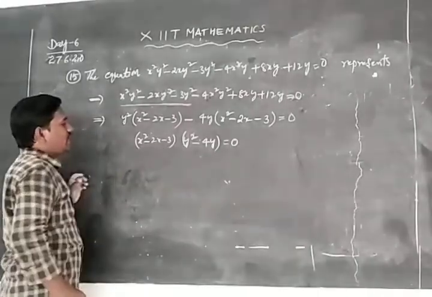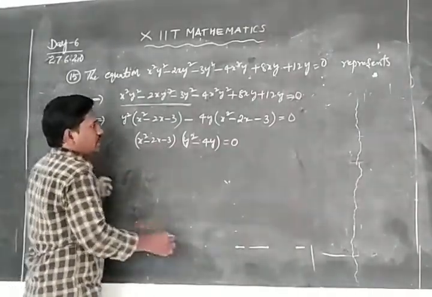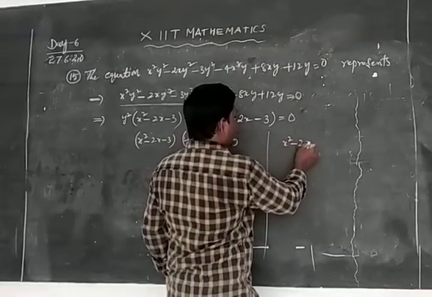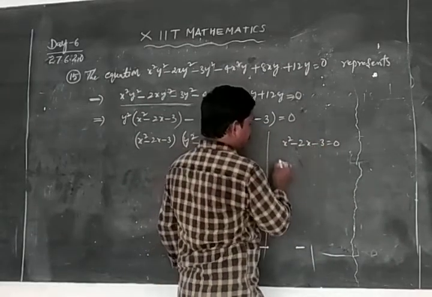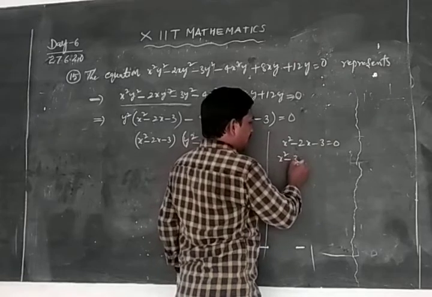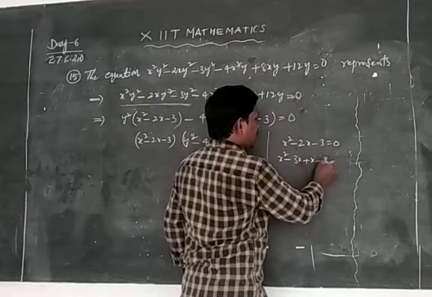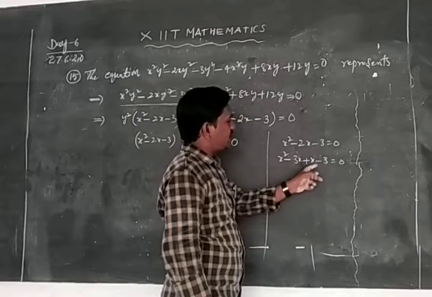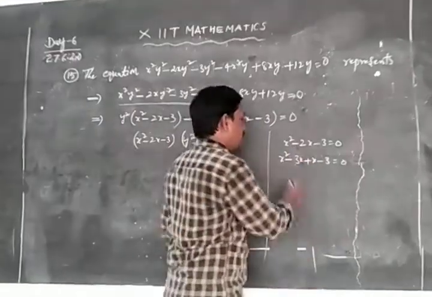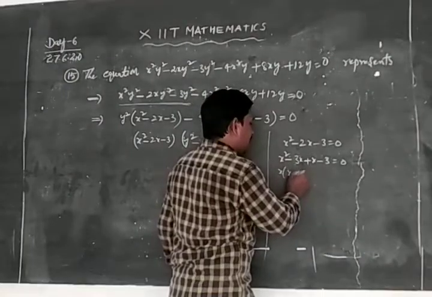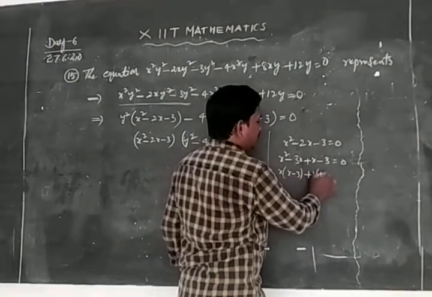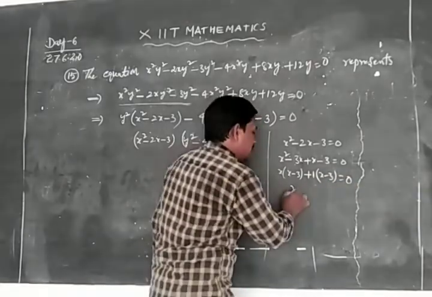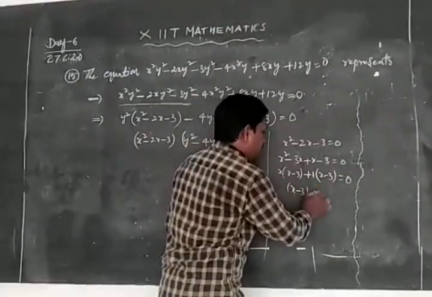Now it is a quadratic equation. Change the quadratic equation x square minus 2x minus 3 equal to 0. We can write x square minus 3x plus x minus 3 equal to 0, since minus 3x plus x is minus 2x. So x is common, x minus 3, and 1 is common, x minus 3. Again, what is the common expression here? x minus 3 and x plus 1.